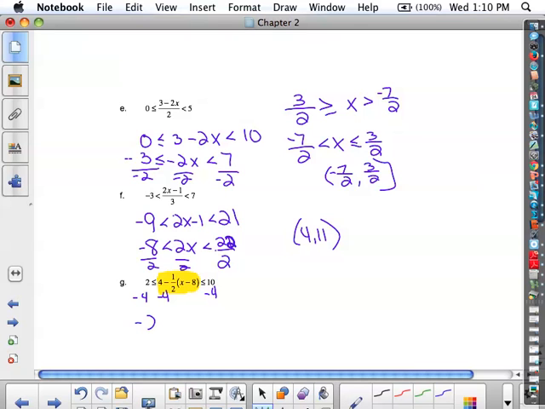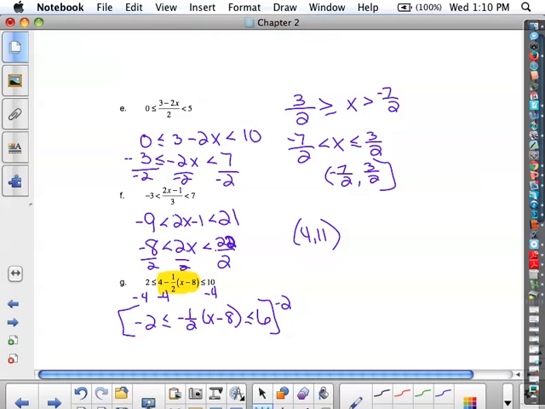So that gives me a minus 2 is less than or equal to minus 1/2 times x minus 8, which is less than or equal to 6. Now, the next thing you can do is get rid of that fraction, that 1/2, by multiplying each of those regions by a negative 2.